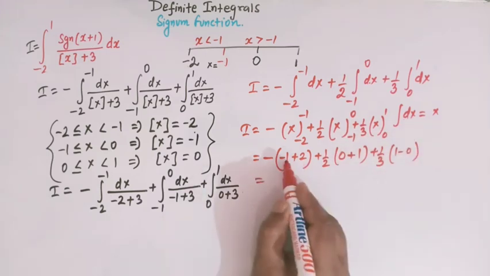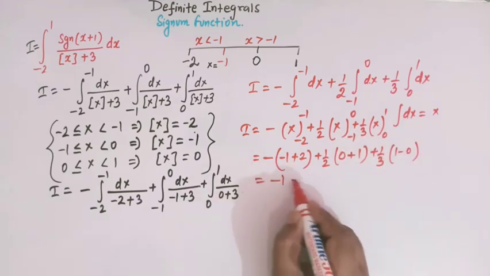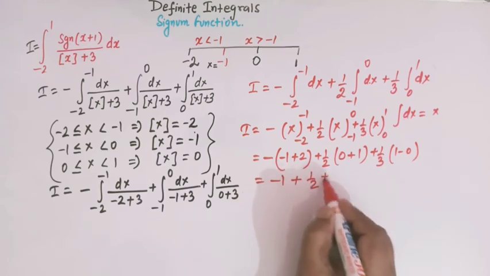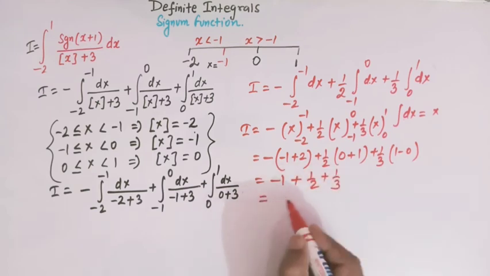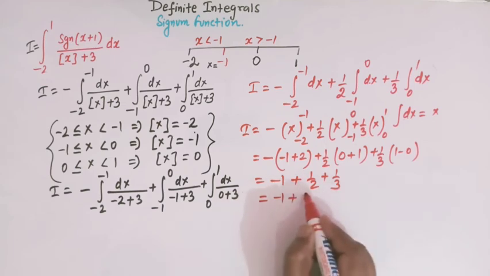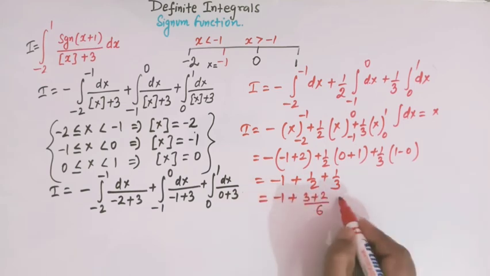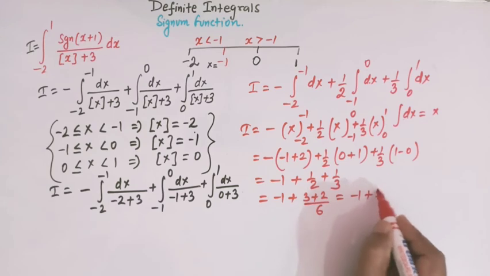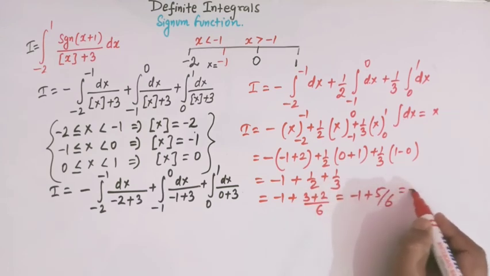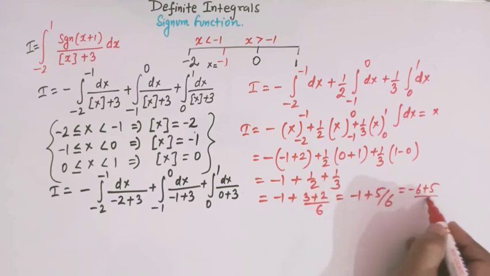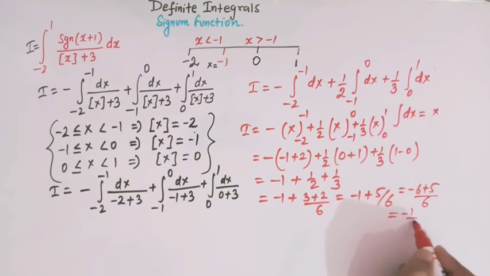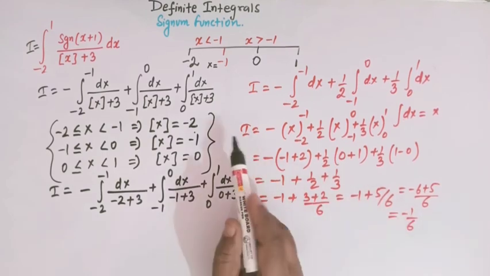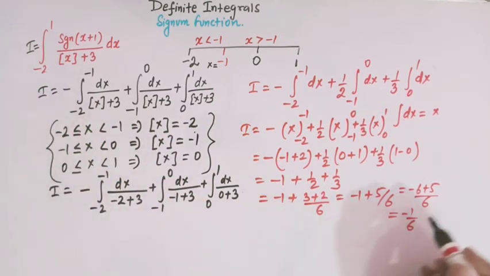So now this is 2 minus 1 is 1, so this is -1, this is half, and this is 1 over 3, and this is -1 plus 3 plus 2 over 6, so this is -1 plus 5 over 6, and this is -6 plus 5 over 6, that is -1 over 6, right? So viewers, the value of this integral is equal to -1 over 6, right?